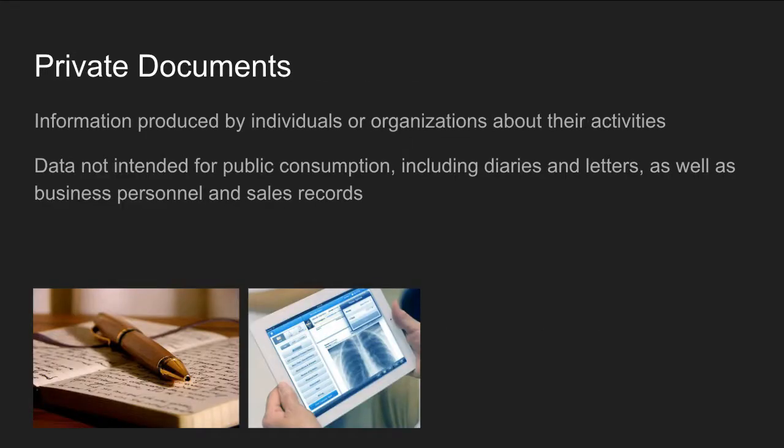Private documents are also a source of available data, and private documents include the information that's produced by individuals or organizations about their activities. These data are usually not intended for public consumption. They can include even people's private diaries and letters to close confidants, but they can also include business, personnel, and sales records, including medical records.